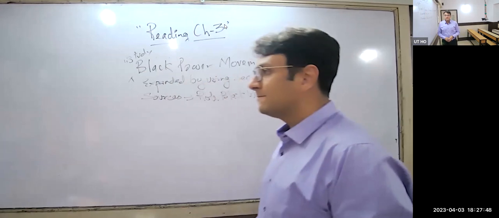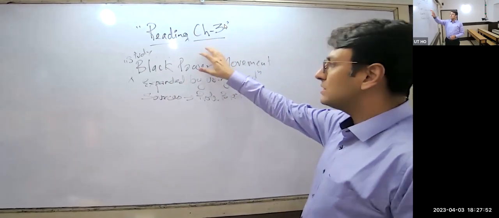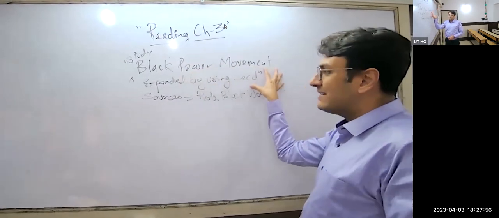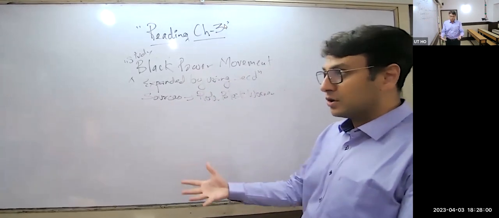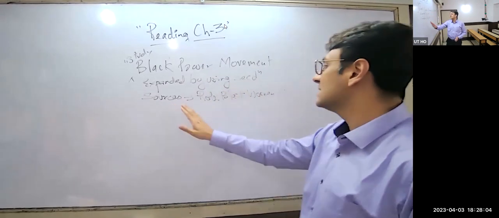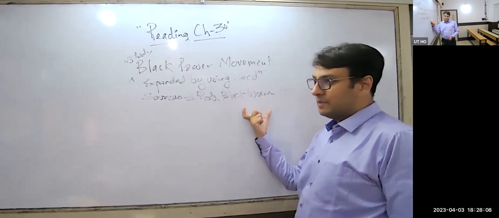Saying that yes, there is something called the Black Power movement, but you need to go beyond the sources and use some more secondary sources. Secondary sources mean sources that you have not done on your own. They are not primary sources, but somebody else's. You need to study them so that you understand the role of Black women.